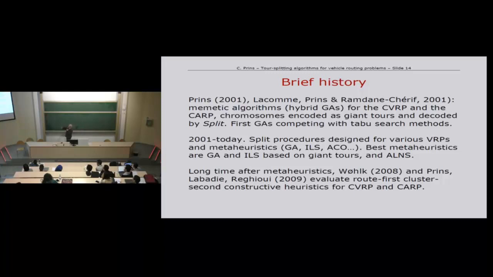But on one side you have a genetic algorithm and ILS based on giant tours, and the main competitor is ALNS, adaptive large neighborhood search.